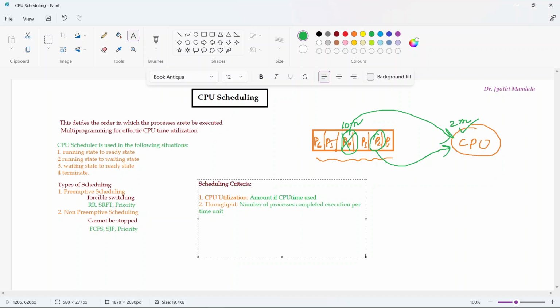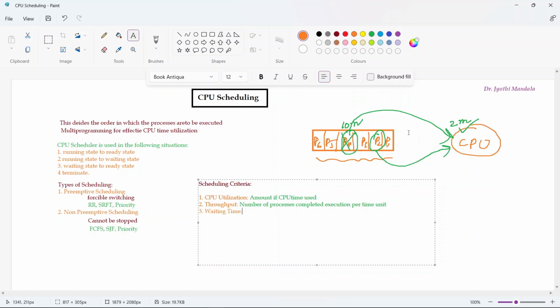Let us now understand the third criteria. Third criteria is waiting time. What is this waiting time? See, from this diagram you can understand, once a process has been moved to the ready queue, that means it is ready to be executed by the CPU.